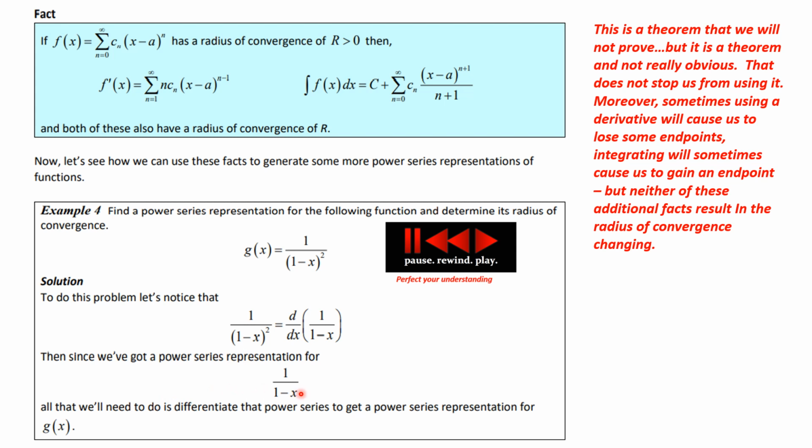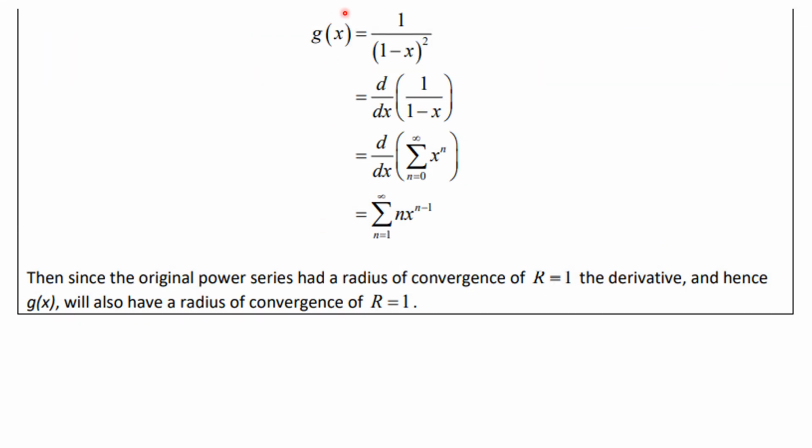But we have a power series for 1 over 1 minus x. So what we're going to do is take the term by term derivative of that power series to get a power series representation for g of x equal 1 over (1 minus x) squared. So this one is equal to the derivative of that, term by term.